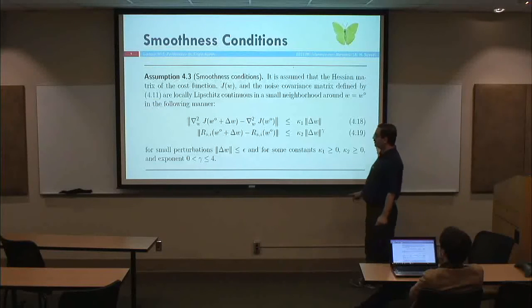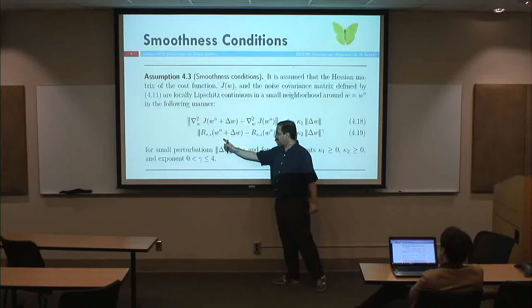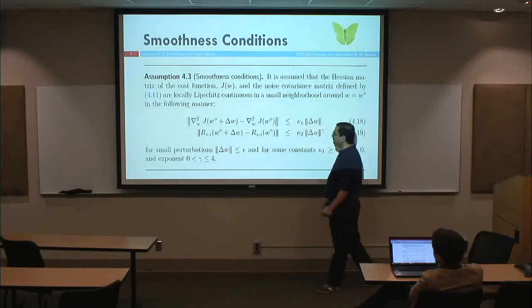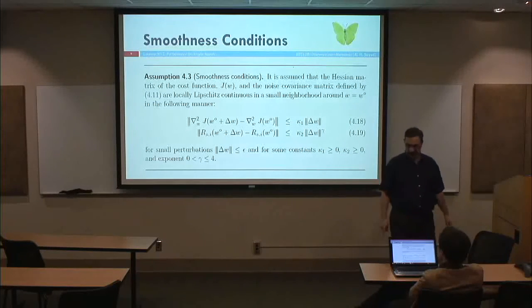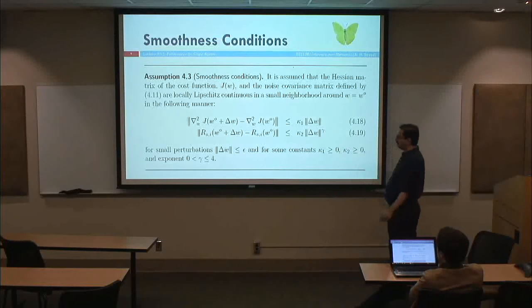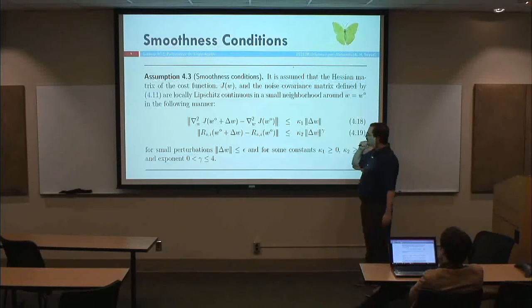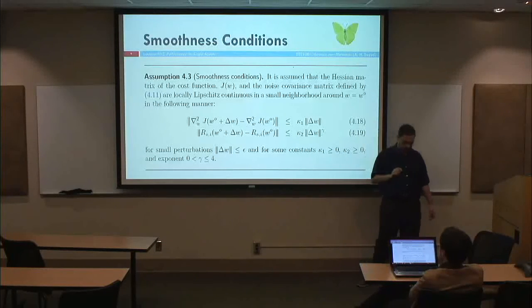The second condition is I'm going to assume that the gradient noise covariance that I just defined also satisfies a similar condition with some power here, and this power can go up to 4 for reasons you'll understand later in the analysis. Again, I showed that for quadratic cost and for logistic regression, these bounds are satisfied, and I told you what the values of gamma are.